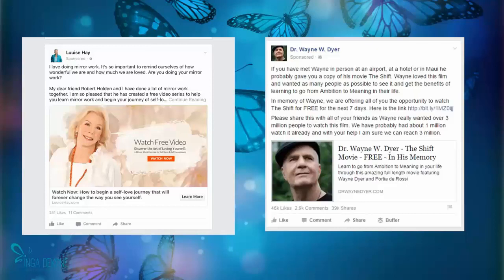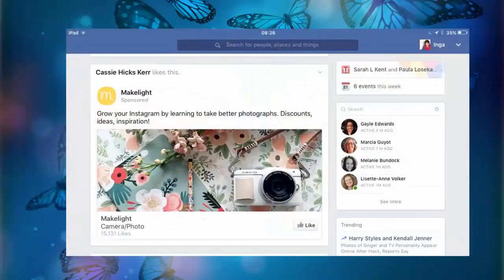Because some ads will be shown to people again. And this one I like, Make Light, and it's about photo, and this is a very tasteful picture. If I see it several times, that's okay. It doesn't give this irritation factor that ads usually bring to us.